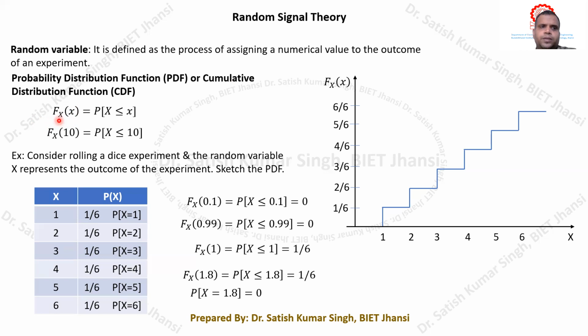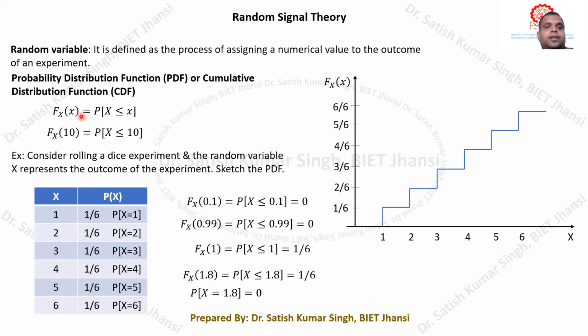So capital X represents all the possible outcomes of the random variable, and small x represents the one experiment that we have conducted. Then for that particular experiment, what is the outcome?